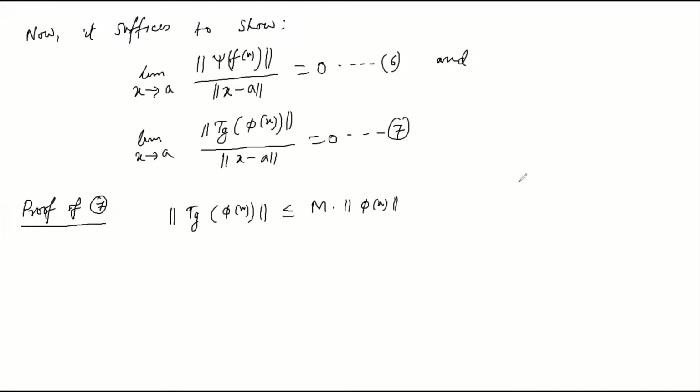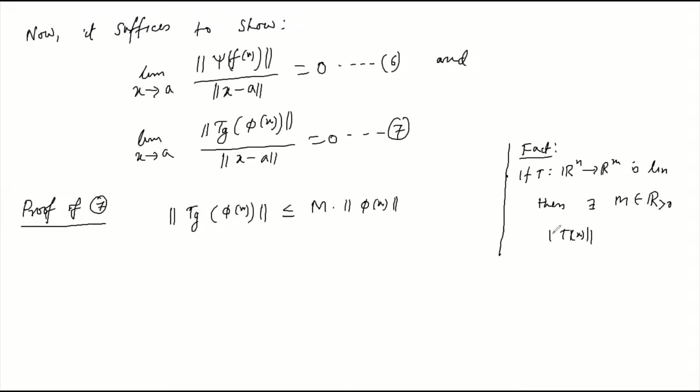We are using the fact that if T is linear from Rn to Rm, then there exists some m in the positive reals such that norm of Tx is less than or equal to m times norm of x.